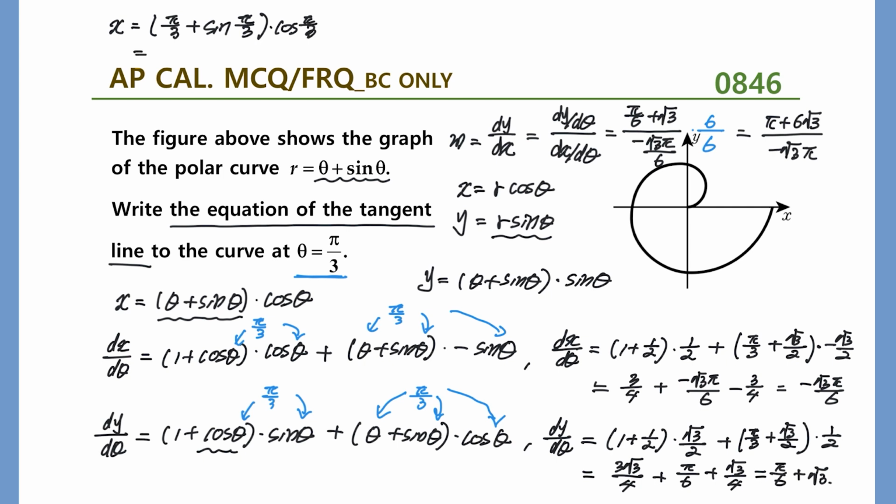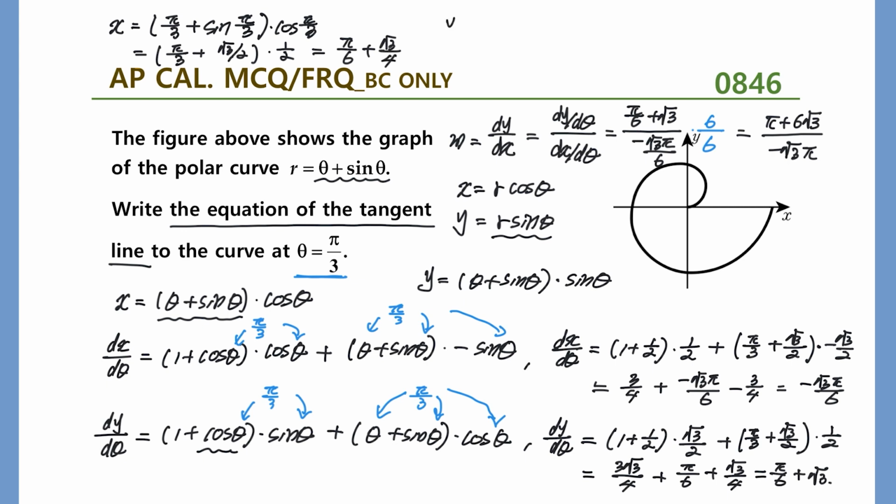So that is equal to pi over 3 plus root 3 over 2 times cosine pi over 3. That's 1/2. So if we distribute this, that's going to be pi over 6 plus root 3 over 4.